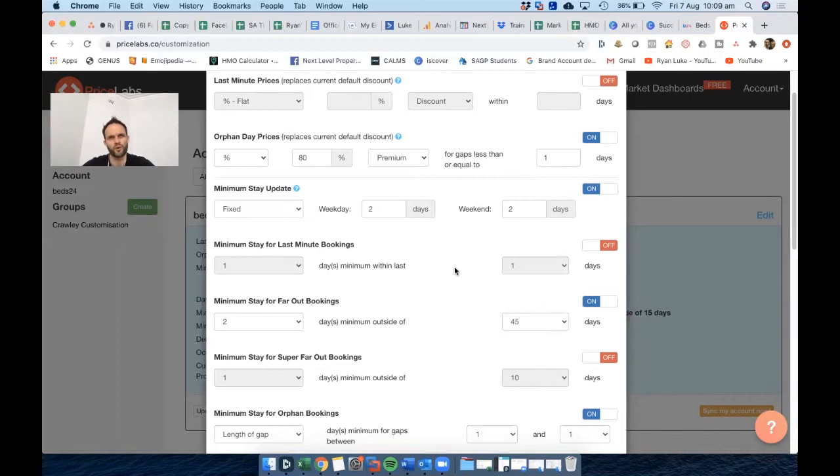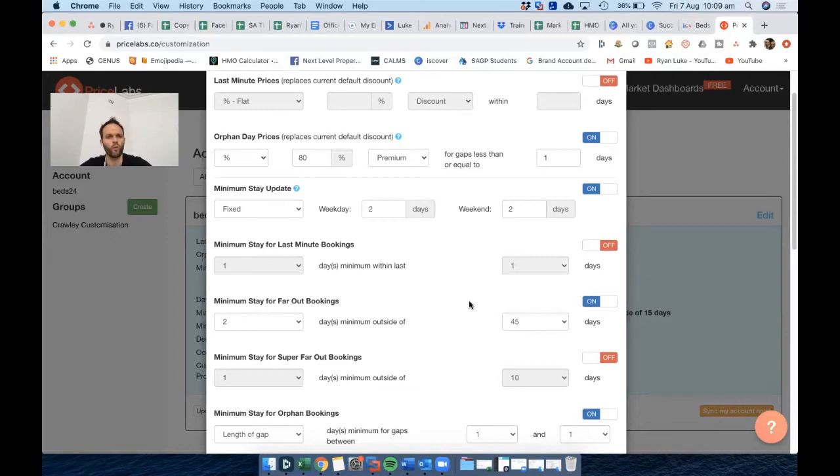If someone wanted to book Thursday under the 2-night minimum stay rules, they couldn't, because there's not 2 days to book. So rather than just give up that day, I have an 80% uplift in price. You can see there, to premium. So let's say for argument's sake the price is £100 a night as a standard rate, that will uplift it by 80%, so the price will be £180 for one night.